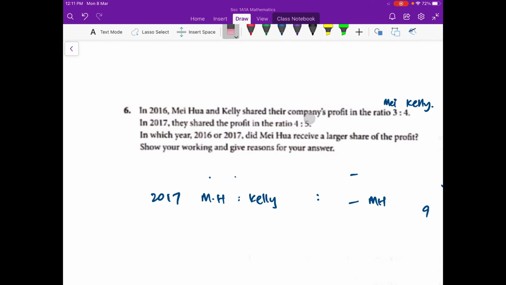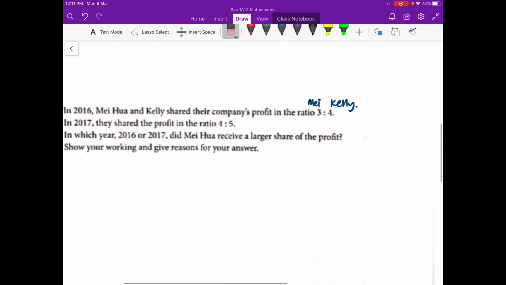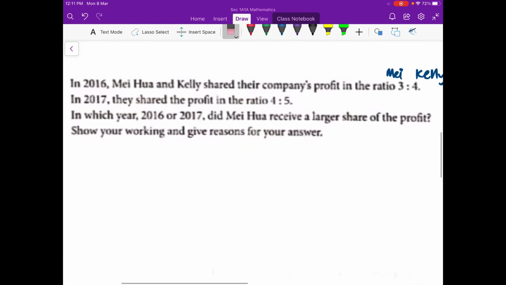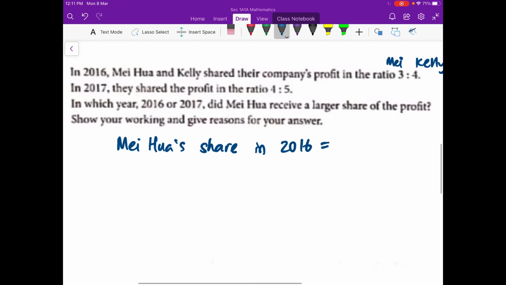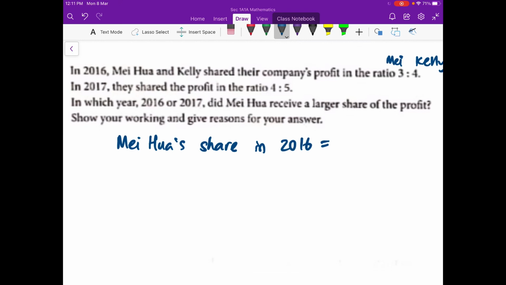Okay, now, the share that Mei Hua received in 2016. Mei Hua's share in 2016 equals, okay, all copy this down. What is her share in 2016?